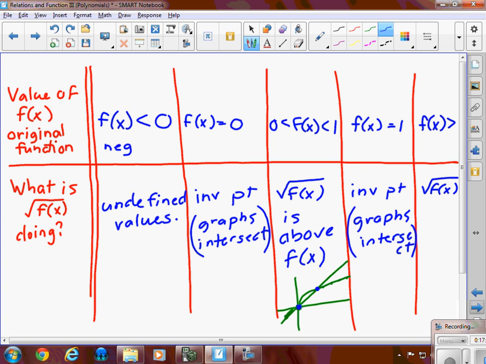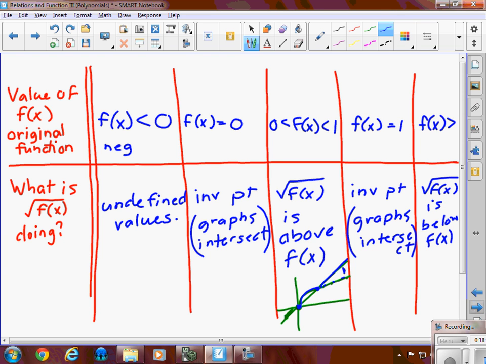Here's another invariant point. Here's that interval. This last column is actually talking about these two lines here. The original one's the one on top. The square root one is always below it. So the square root of f of x is below the original function f of x. Okay? So these are the little intervals that we'll have to know, and you'll have to understand the characteristics of what's going on.